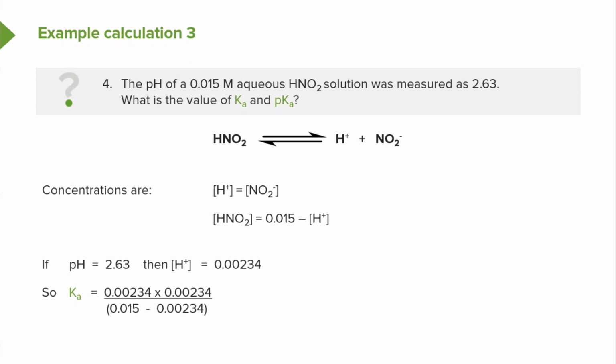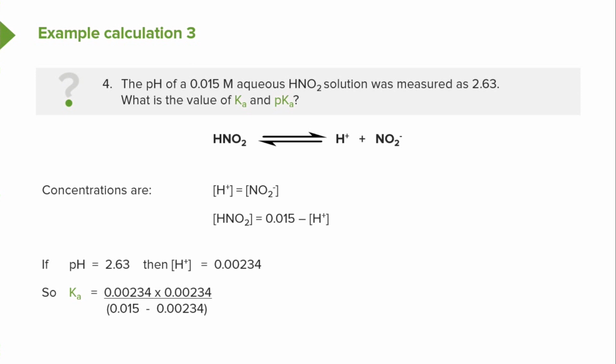If the pH that we are measuring of this solution results in a concentration, as we can see here, of 0.00234 molar, it enables us to substitute those values into the equation to determine Ka. If we look at that a bit more closely, what we are saying here is that the concentration of H plus equals the concentration of NO2 minus.